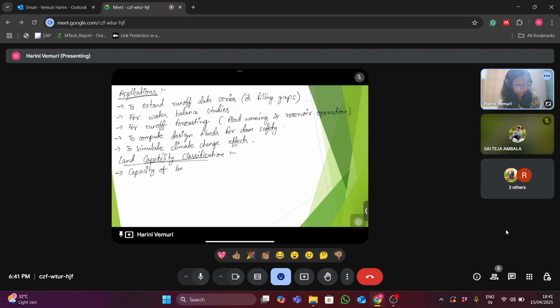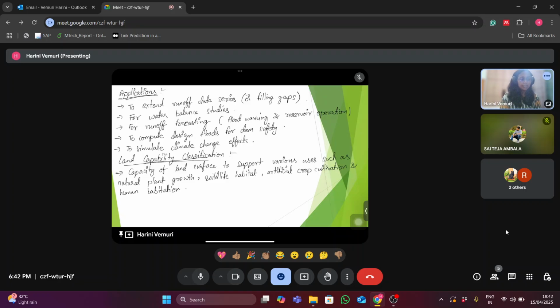Capacity of land surface to support various uses such as natural plant growth, wildlife habitat, artificial cultivation, and human habitation.